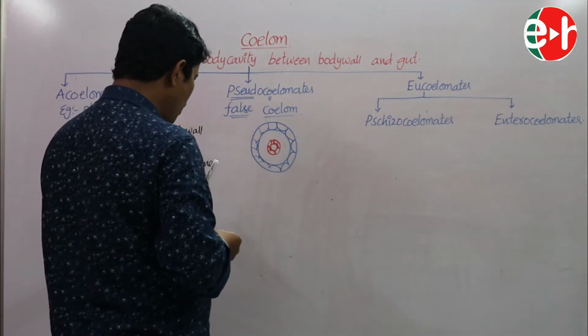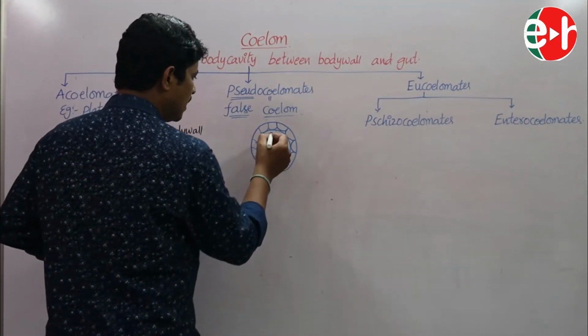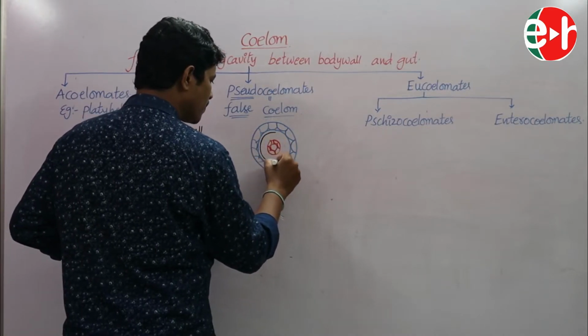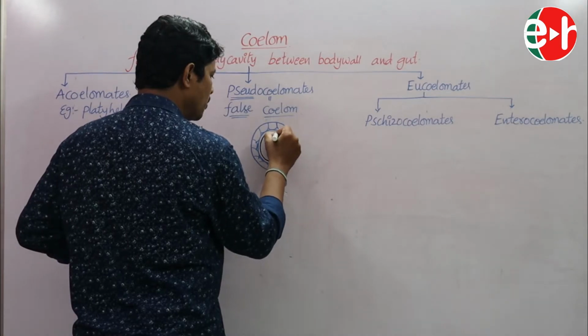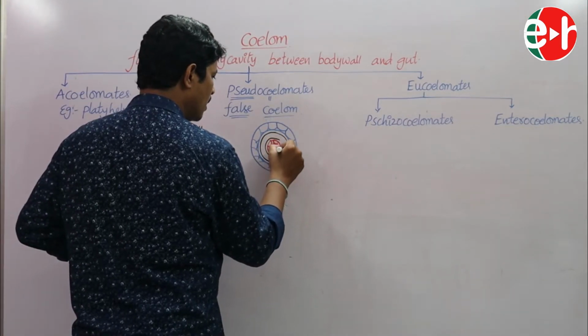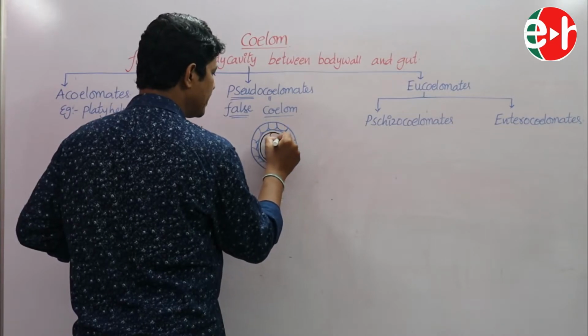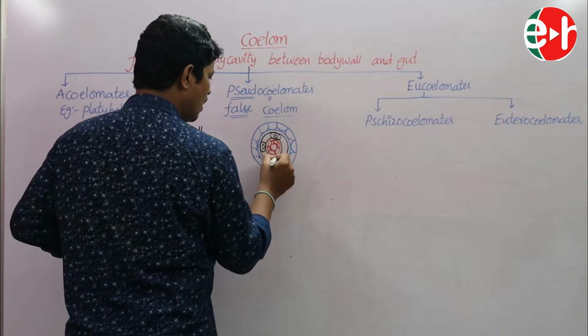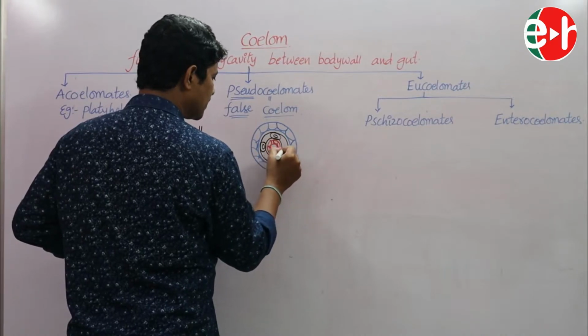In between the body wall and the gut, the middle part is mesoderm, that is called peritoneum. This peritoneum is present like scattered pouches.